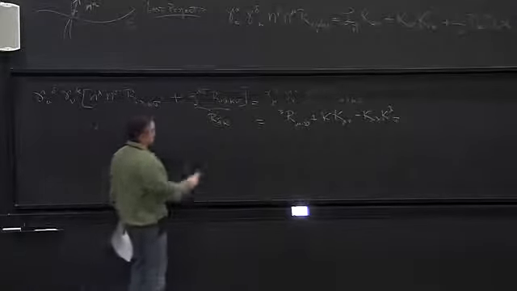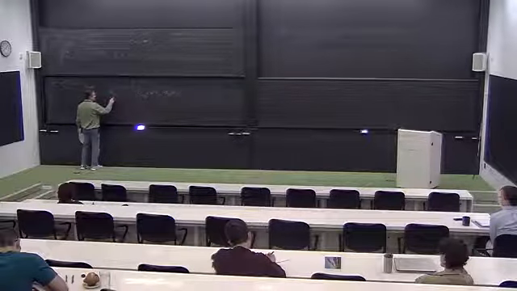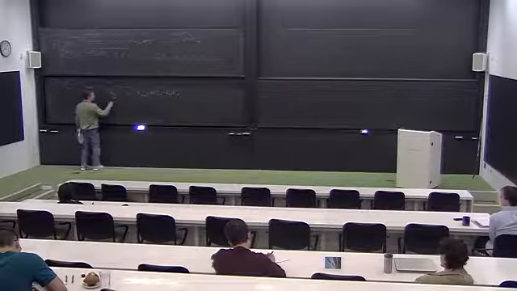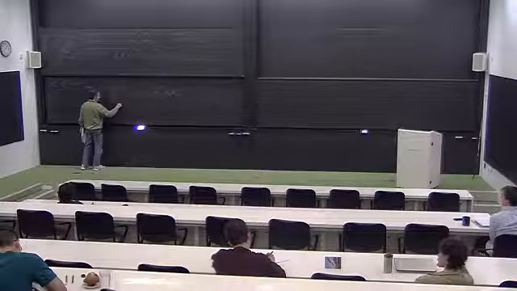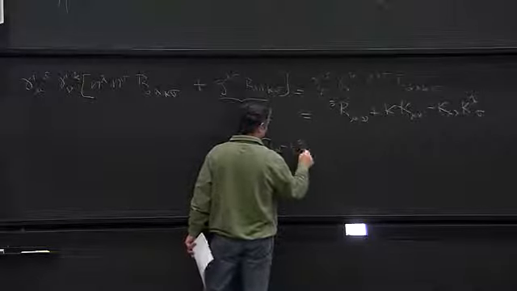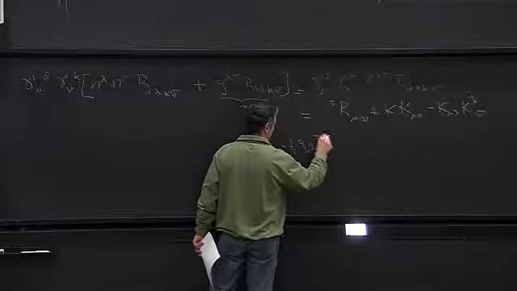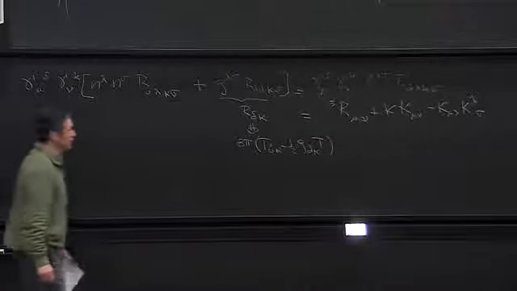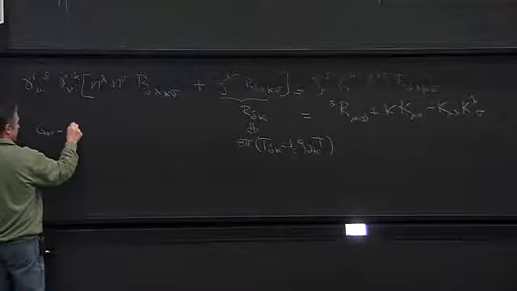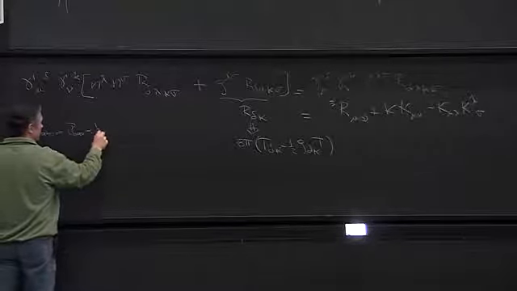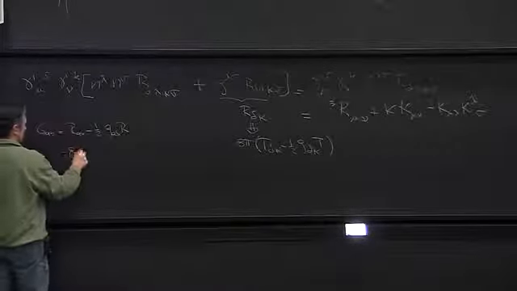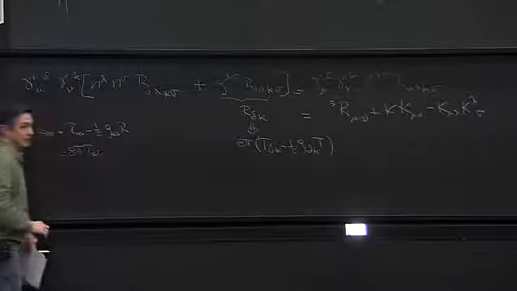Now I can use Einstein's equations to rewrite R delta kappa, and this comes from the definition of the Einstein tensor as R_ab minus 1/2 g_ab R, but this is equal to 8 pi T_ab.